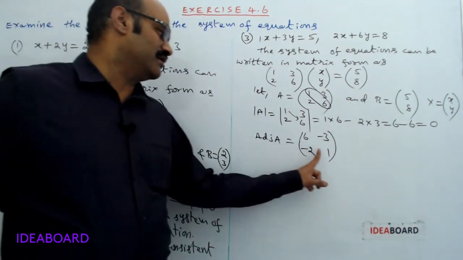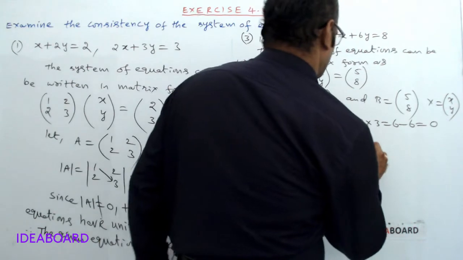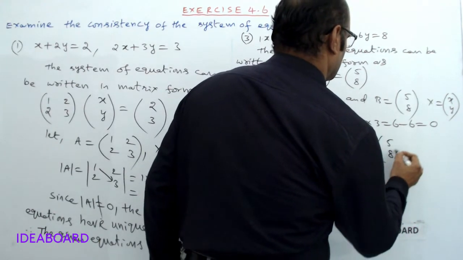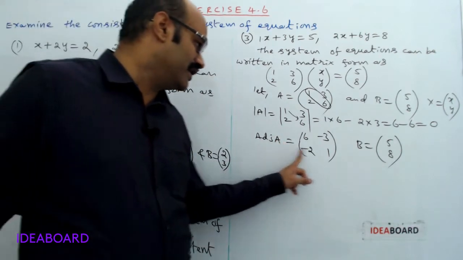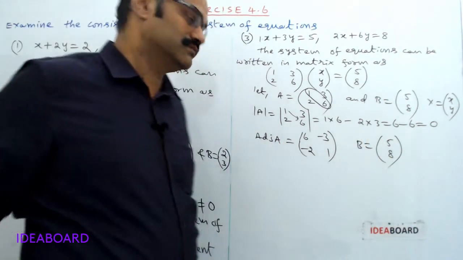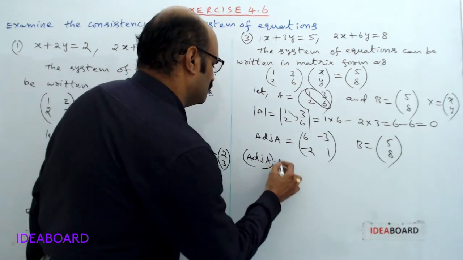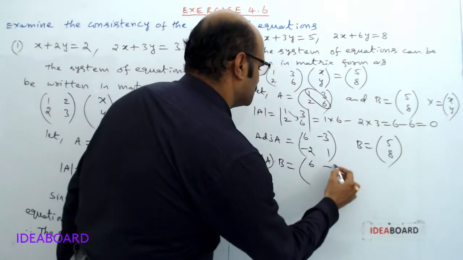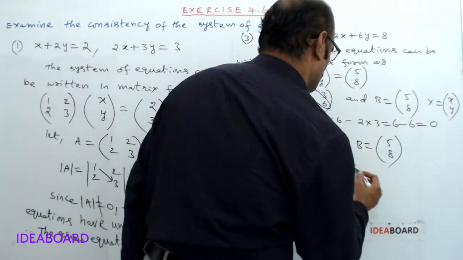This is the adjoint of A. And B is the matrix 5, 8. Now we have to find adjoint of A into B. So adjoint of A into B equal to 6, minus 3, minus 2, 1, into 5, 8.